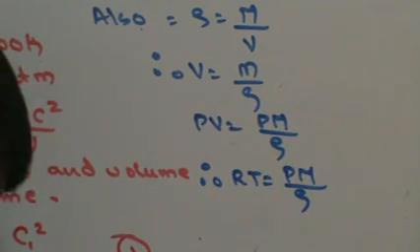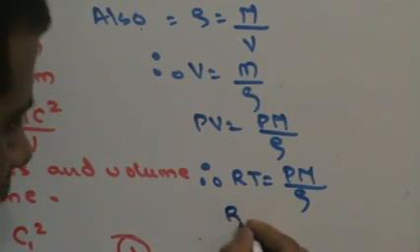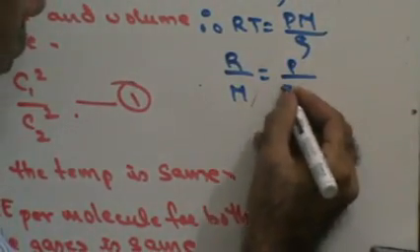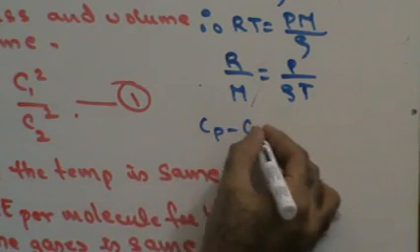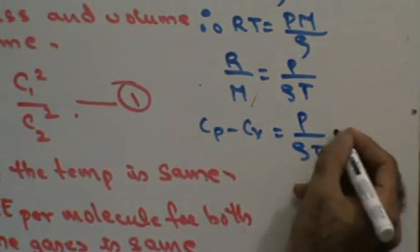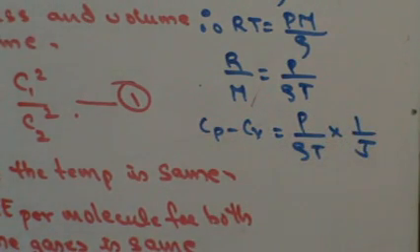So in that case, if I cross multiply, R upon M is P upon rho T. Right? R upon M in the principal specific heat equation can be substituted. If I substitute this in the principal specific heat equation, I'll get Cp minus Cv is equal to R upon M, which can be written as P upon rho T into 1 upon J. I know 1 upon J, M is not there. So I can find this out.